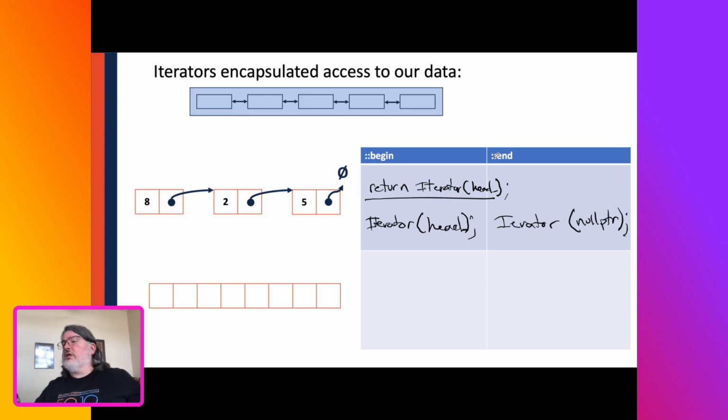No, we will have written the constructor, but do you think you could write the constructor? What's the constructor going to do? It's going to take a list node pointer and store it in its local list node pointer member.